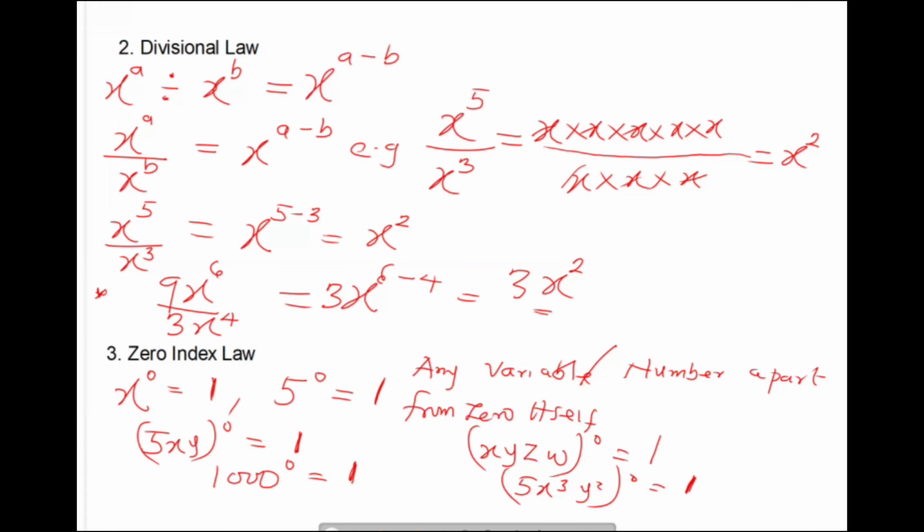What do I mean by don't use zero? You can say zero raised to the power of zero. Now, this one is more advanced a little bit. Sometimes we call it undefined or indeterminate.